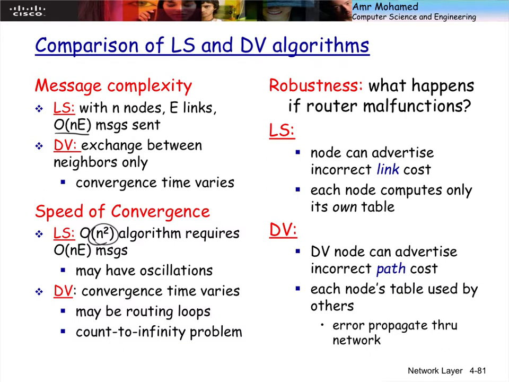For distance vector, again, we don't know, because this is an iterative algorithm and we have no idea when we will reach convergence. The state of convergence is not really realizable easily.